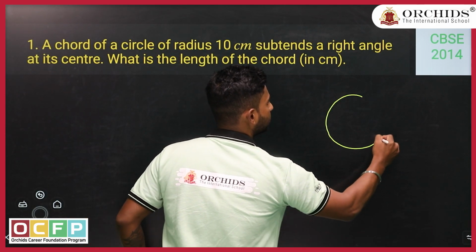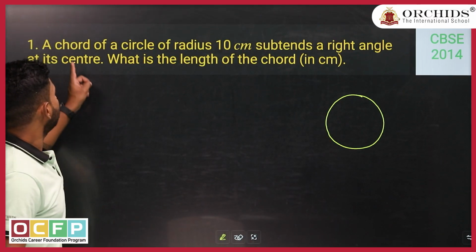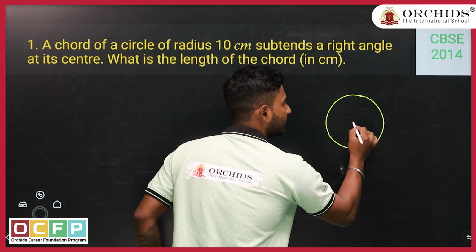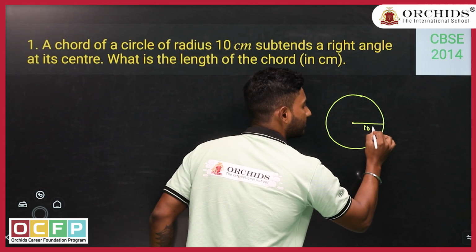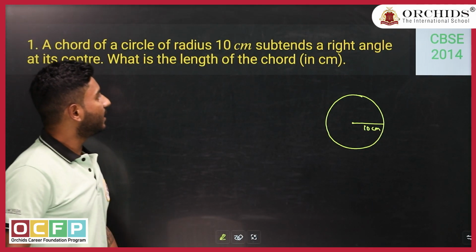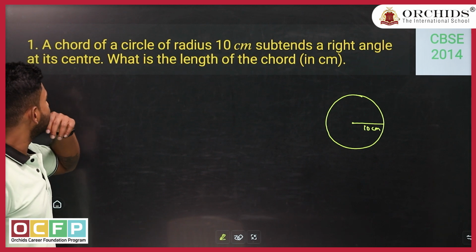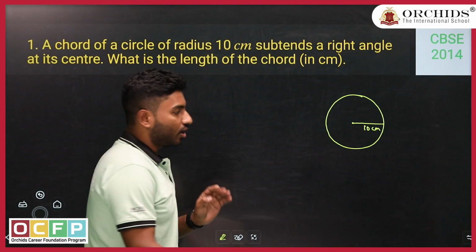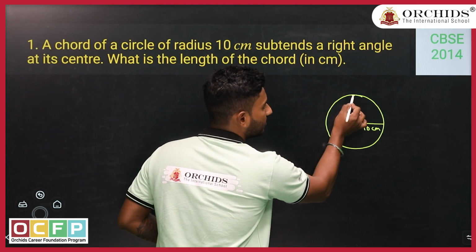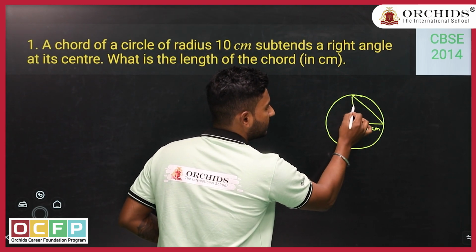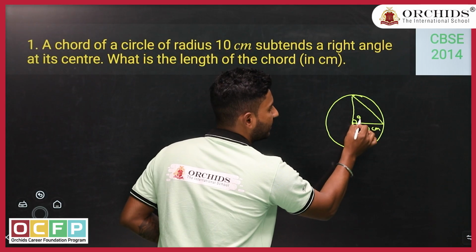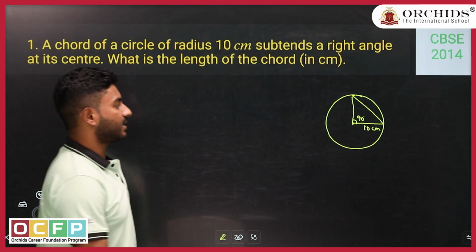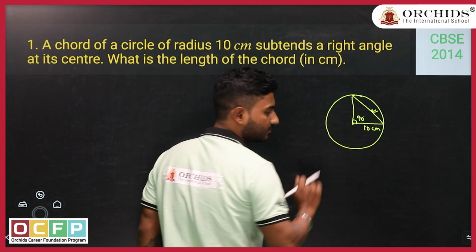Here is a circle with a radius of 10 centimeters. There is a chord, which subtends an angle of 90 degrees at the center. They are asking what is the length of the chord.